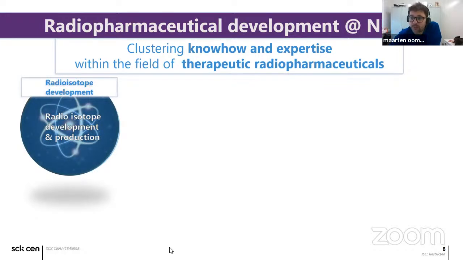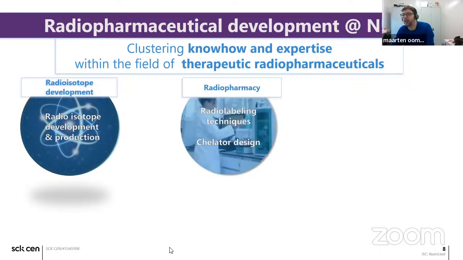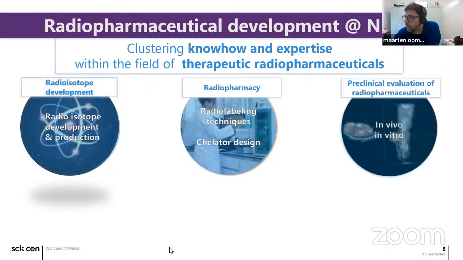We have a nuclear reactor on site, which is convenient if you want to produce a lot of isotopes. But we're also looking at trying to find new radiolabeling techniques, trying to have new chelators to conjugate a radioisotope to the carrier of your choice. We then, of course, also need to work on preclinical evaluation. Once we have that radiopharmaceutical, we want to know: does it work? Does it do what we want it to do? Does it accumulate, does it go where we want it to go?